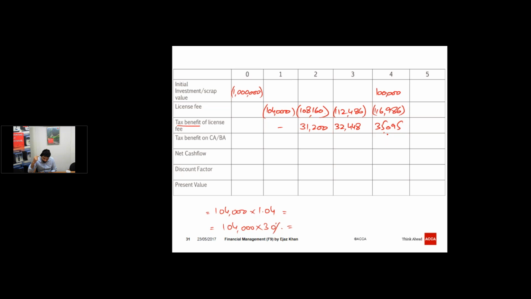What should be the value in last year? Okay. 33746 and 35097. Okay. So here are the tax benefits of the license.